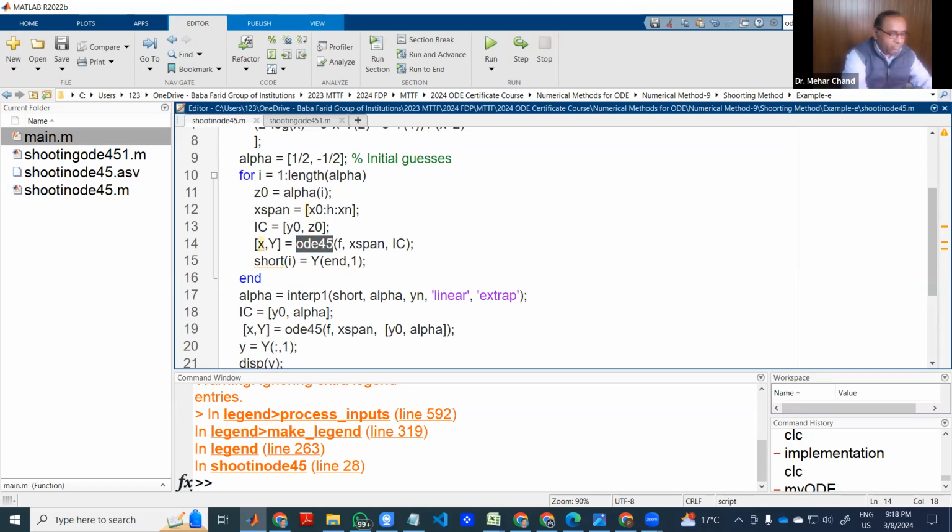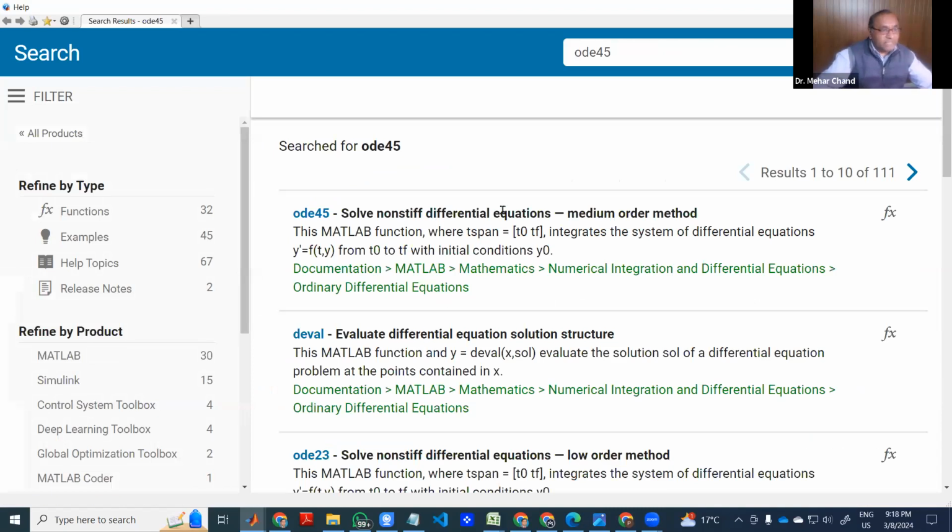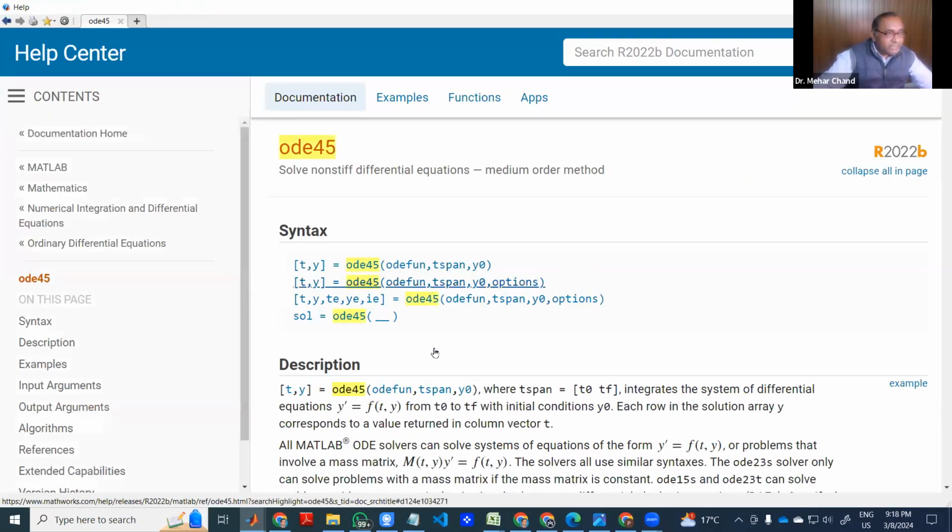ODE 45. Yes, you can see there are several methods like ODE 45, which is highly used for non-stiff differential equations. When you click on it, you can find the corresponding syntax for how to use it. So [t, y] is equal to ODE 45, and here we have the ODE function, then the t span, and this is y naught, which is the initial value.